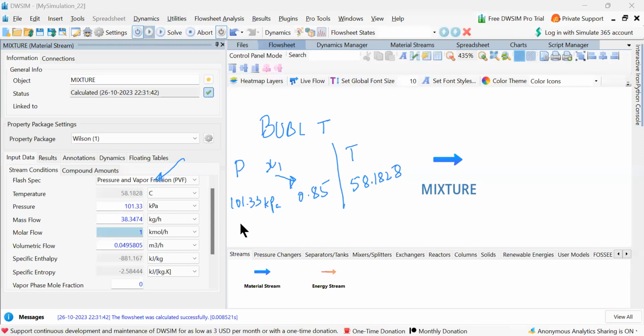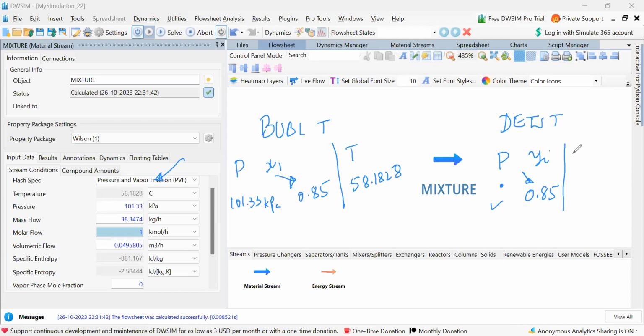Now with the same composition, if I want to calculate the dew point temperature, what should I specify now? I want the pressure and I want Yi. Pressure is the same, but for Yi I now say the given composition, which is 0.85. I choose this as vapor phase now.